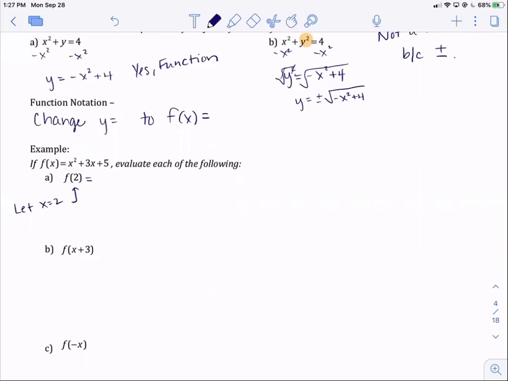So if we plug that in, we get 2 squared plus 3 times 2 plus 5. What is 2 squared? 4. 3 times 2, 6. And 4 plus 6, 10. And 10 plus 5. Good. So our answer is just 15. So you're just plugging in and simplifying.